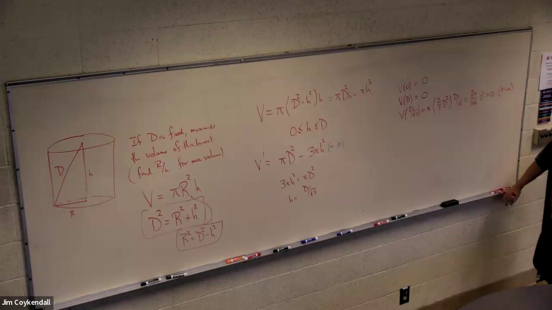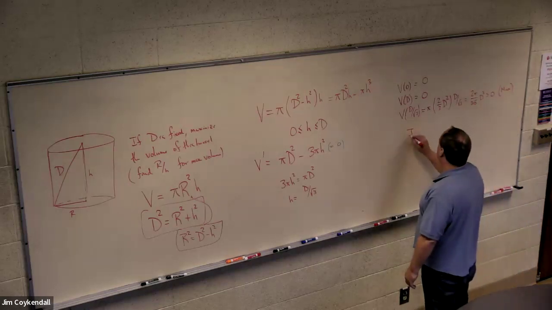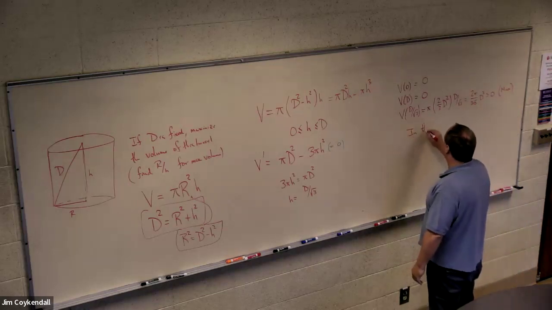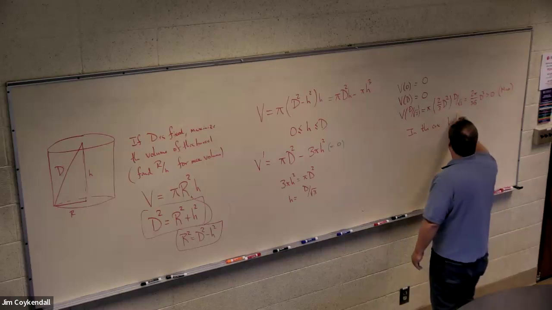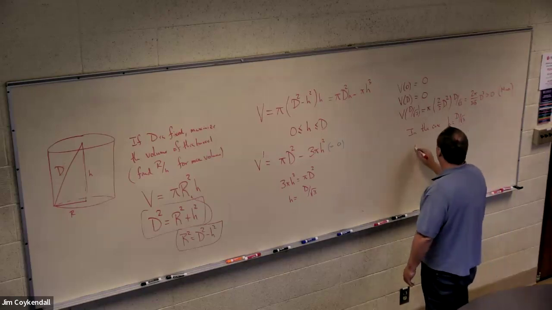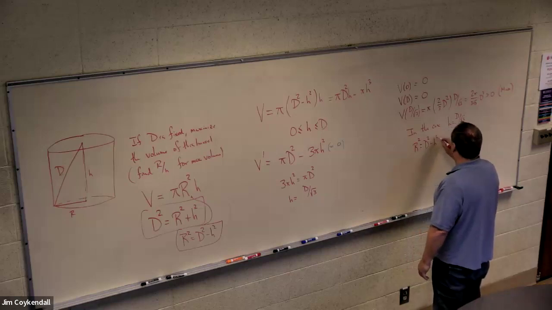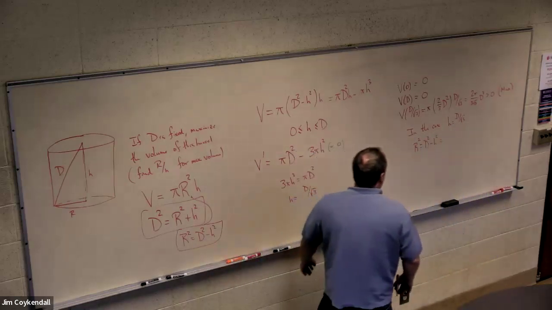Now the question was to find the radius, or I'm sorry, the ratio of R to H. H was D over the square root of 3, and for R, using this equation again, figure out what R is.